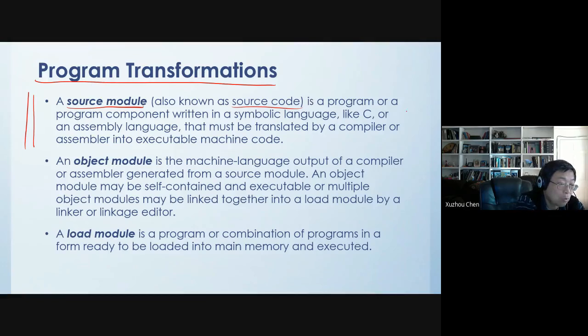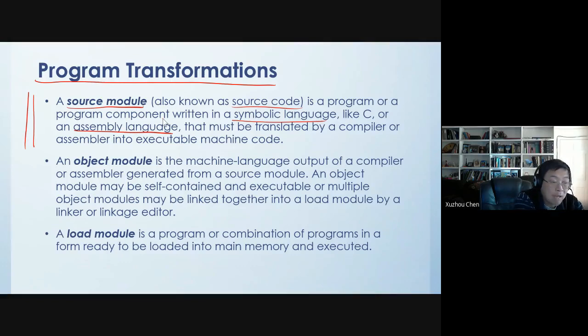A source module is a program or program component written in symbolic language, or we call it high-level language, or you can use assembly language, which is also a symbolic language.